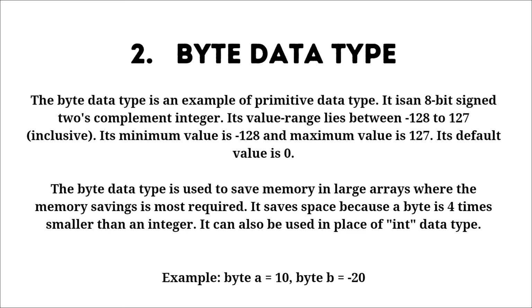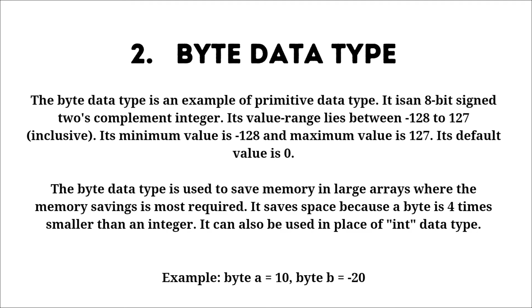Its minimum value is -128 and maximum is 127. If you mention 1000 or 2000, it will not be able to give you a proper value. The default value is 0.